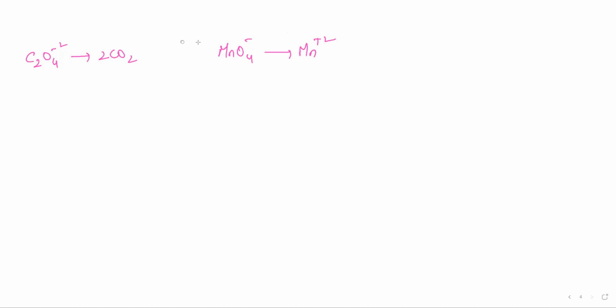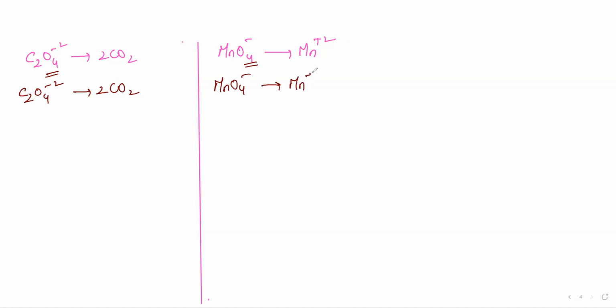Now balance. Here how many oxygen atoms are there? Here 4. Here also 2 into 2, 4. So no need to balance. Then write as it is. C2O4 minus 2 gives rise to 2CO2. For the reduction half reaction, here 4, and this side zero. That means we have to add 4 water molecules. How many oxygen is deficient here? 4. So we have to add 4 water molecules. Next step.